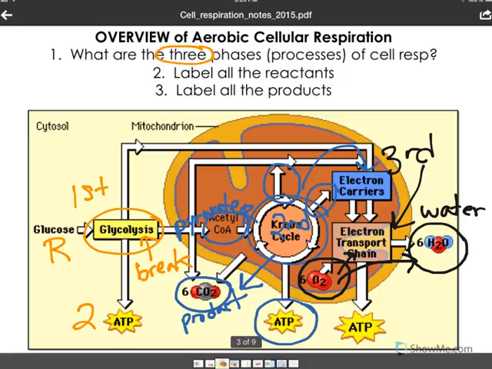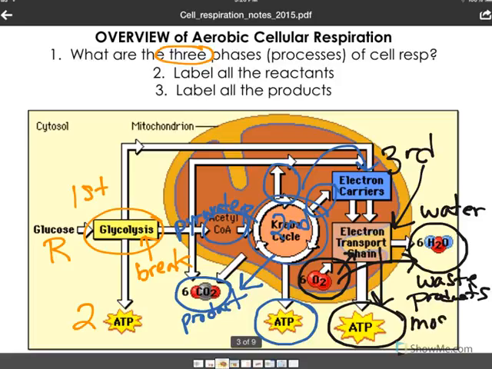So water is one of my waste products of cellular respiration. And there's one more major product. So if I follow another arrow out, I'm going to notice that I also get some ATP. I get the most production of ATP through the electron transport chain.